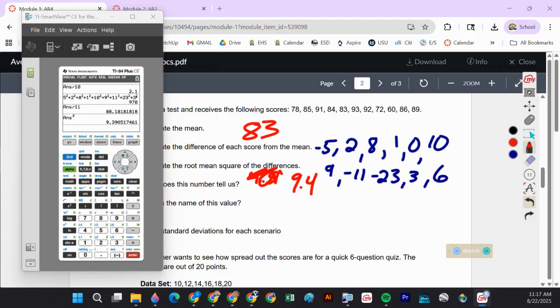But now we are finding the average distance from 83, which is basically the root mean squared of the differences. So what is the name of the number that tells us the average distance from the average? That is the standard deviation.